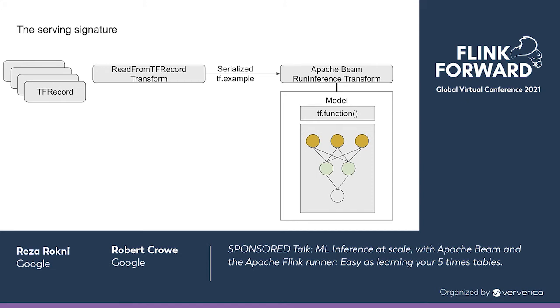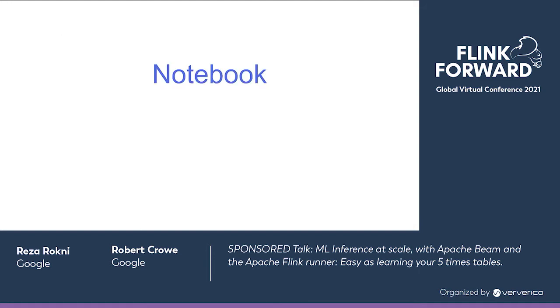Basically, with this signature, we can have a function that converts the serialized format into the start of the first layer. Again, we're trying to make this as close to a production environment as possible. There are many more things you could do with signatures, but that's out of scope for this talk. But now I'm going to move over to a notebook where I'm going to show you some of these things in a live environment.